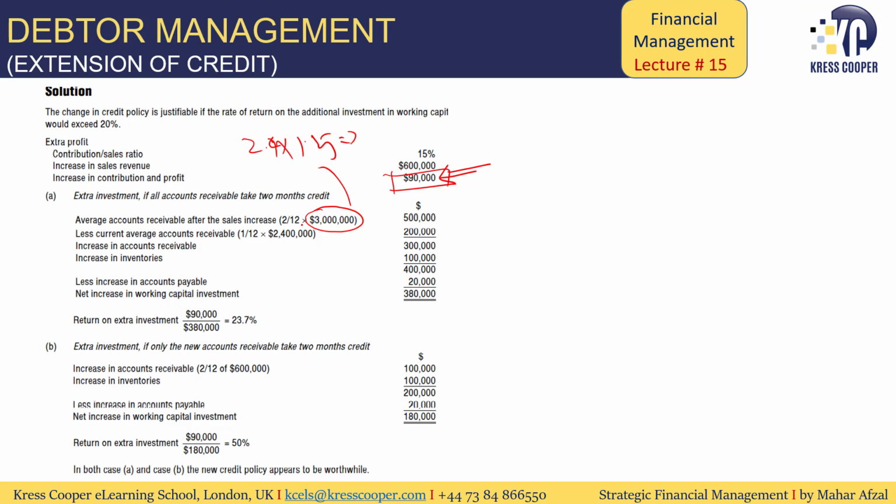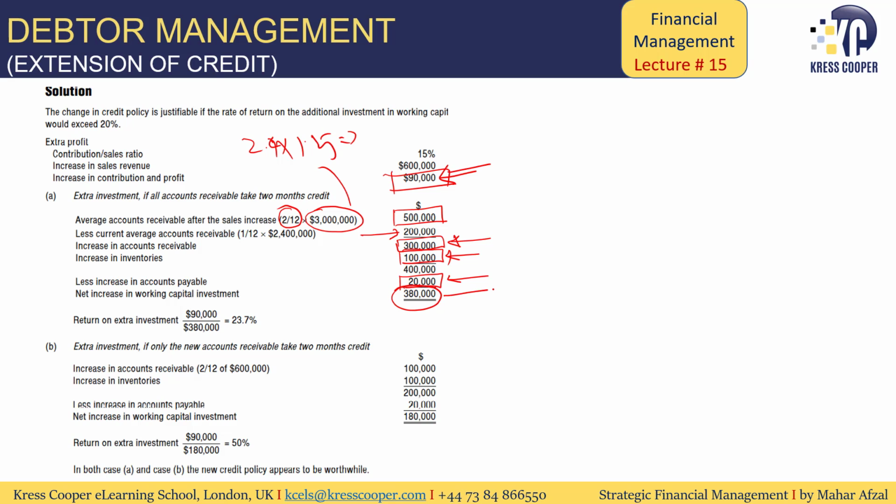With the revised credit period of 2 divided by 12, the revised debtors will be 500,000. Existing debtors are 200,000, so the increase in debtors is 300,000. 100,000 will be blocked in inventory. We are getting some relaxation from creditors of 20,000. So the net increase in working capital is 380,000 in the first option.